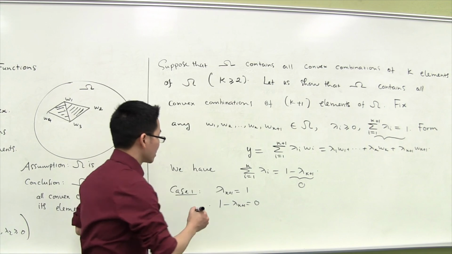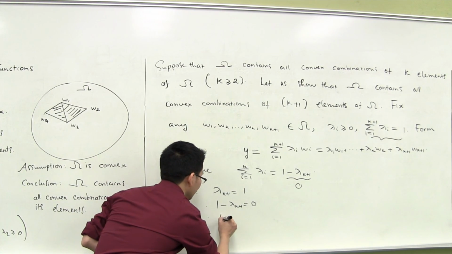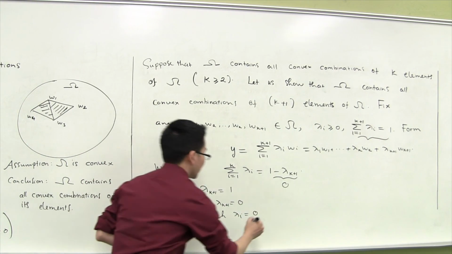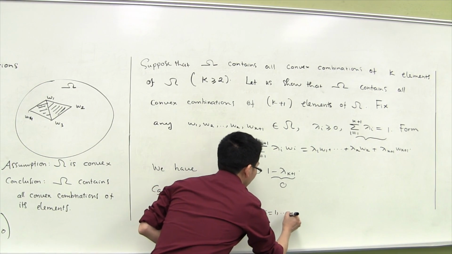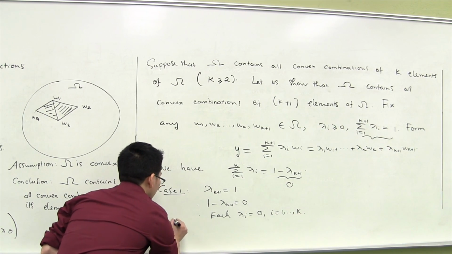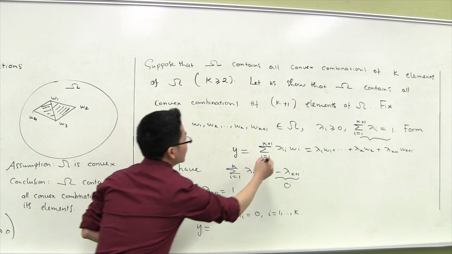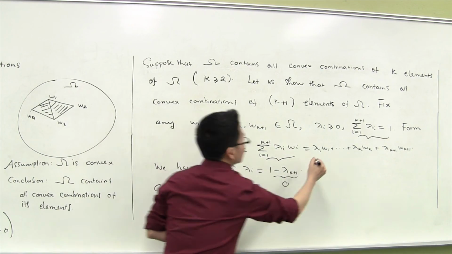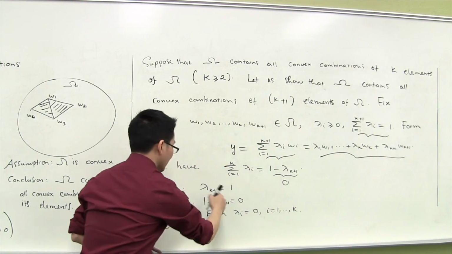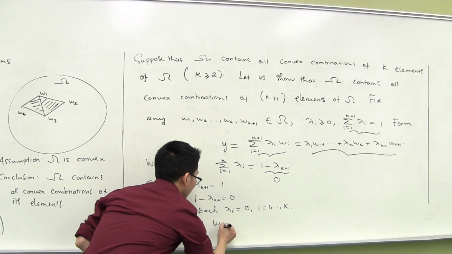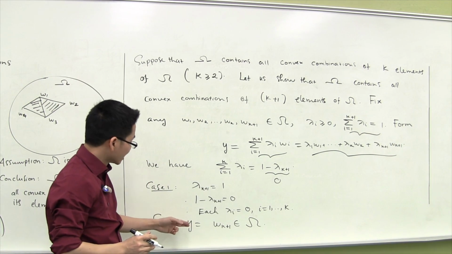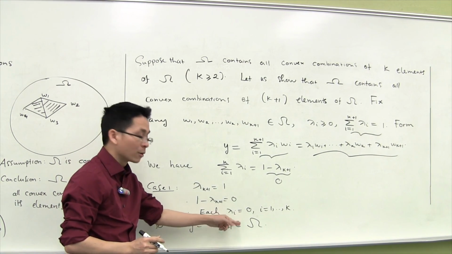So then in this situation, each lambda i is equal to 0, where i runs from 1 to k. So y is equal to wk plus 1, which is in omega. So in the first case, we show that y belongs to omega.